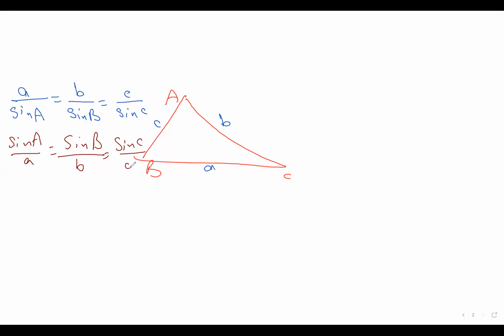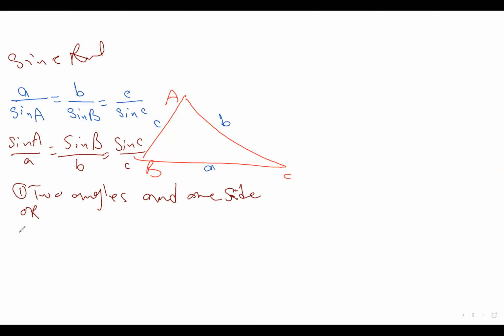We use the sine rule in this case: when we have either two angles and one side, or two sides and a non-included angle.